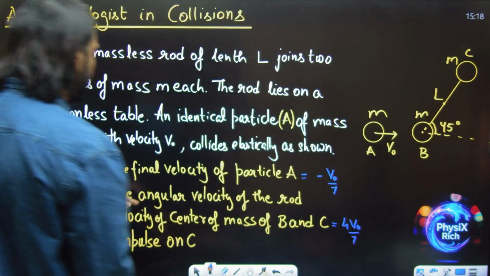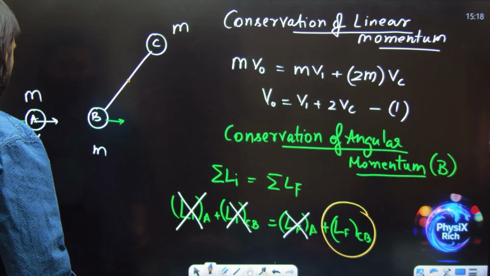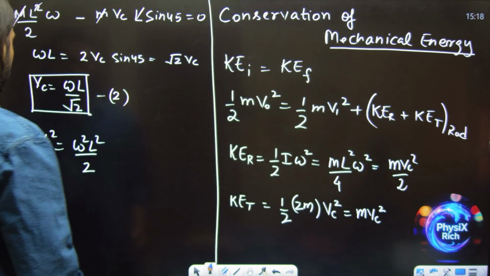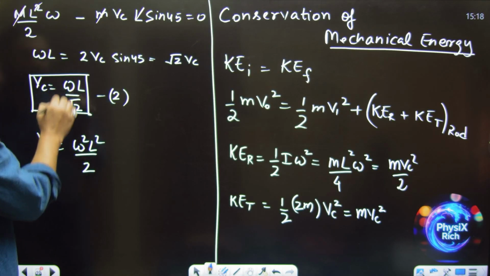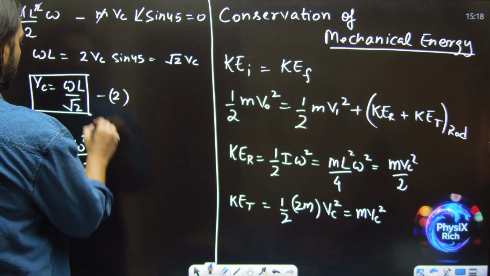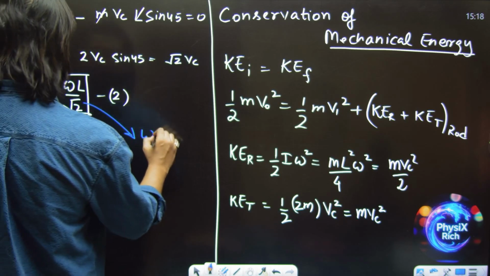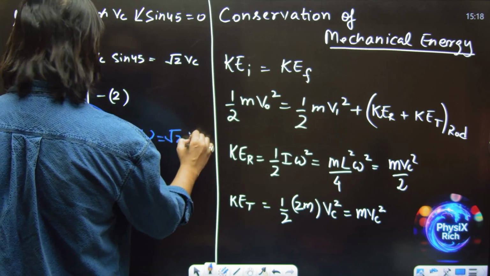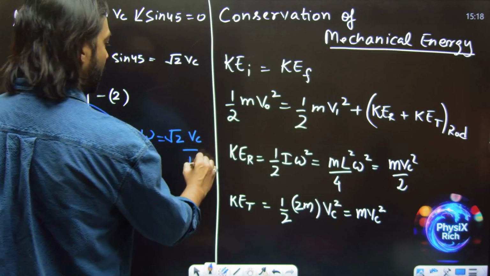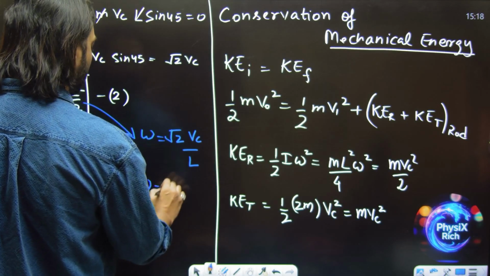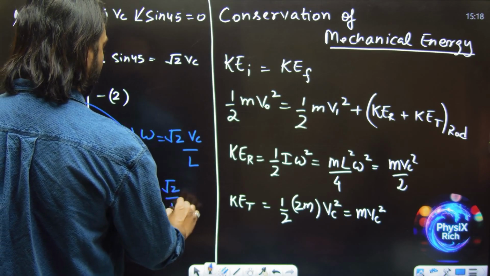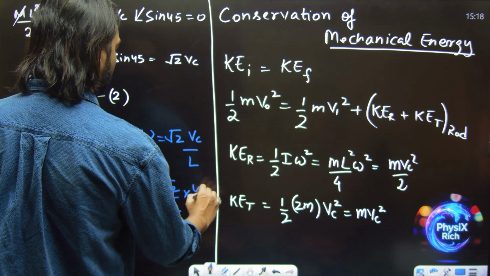In fact, I have also found the angular velocity of the rod, because I have this relation over here. I have this relation, Vc equals to omega L upon root 2. So from here I can say that omega will be root 2 Vc by L. I have found out the value of Vc as 4 V naught by 7.